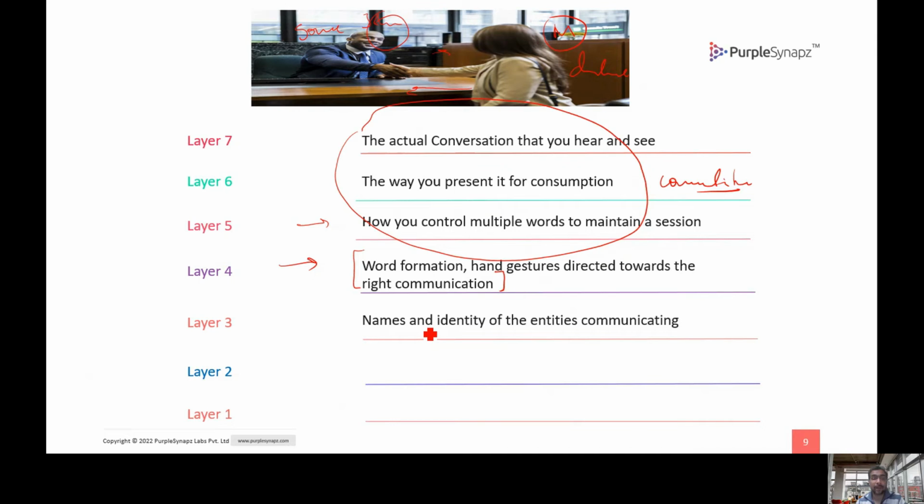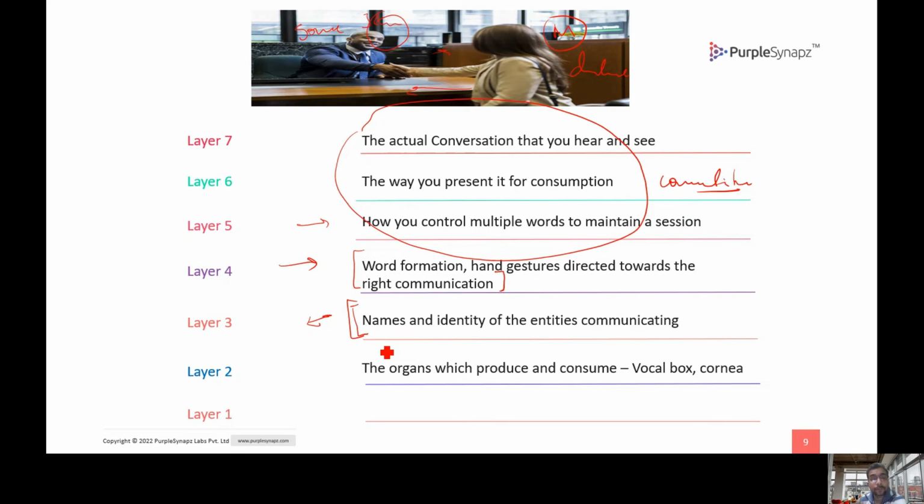So this is at layer 3. Layer 3 is where the names of the source and the destination of the conversation are defined.